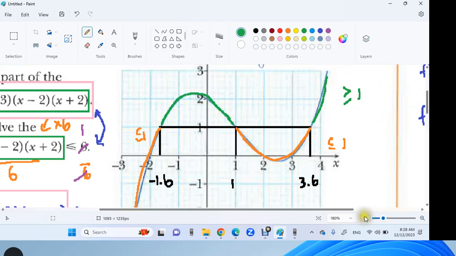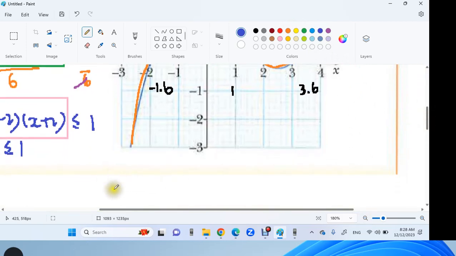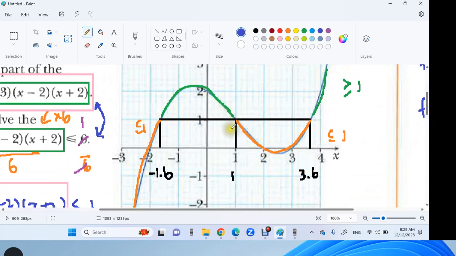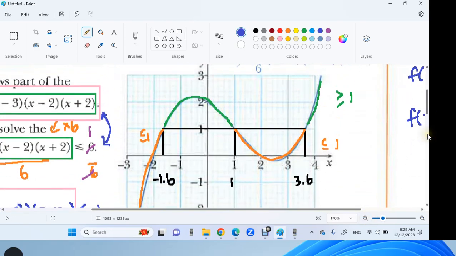So the domain for x will be x less than or equal to negative 1.6. At the same time, x is between 1 and 3.6. So this is the answer.